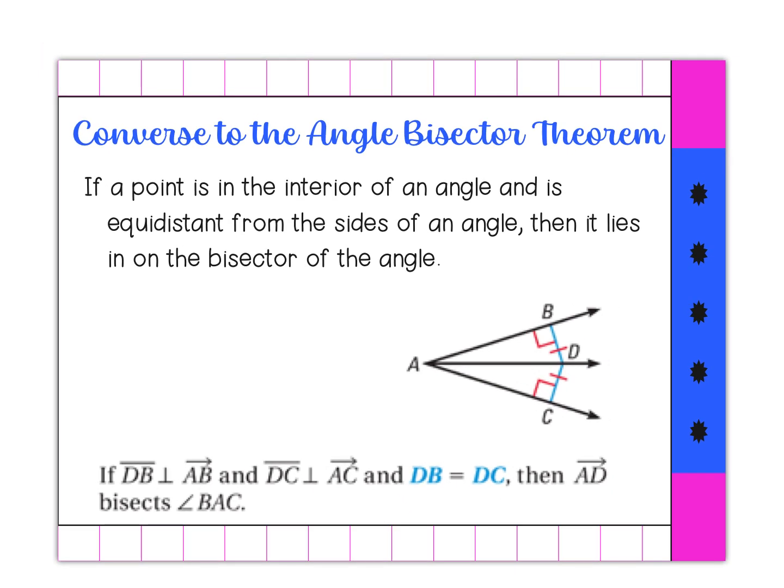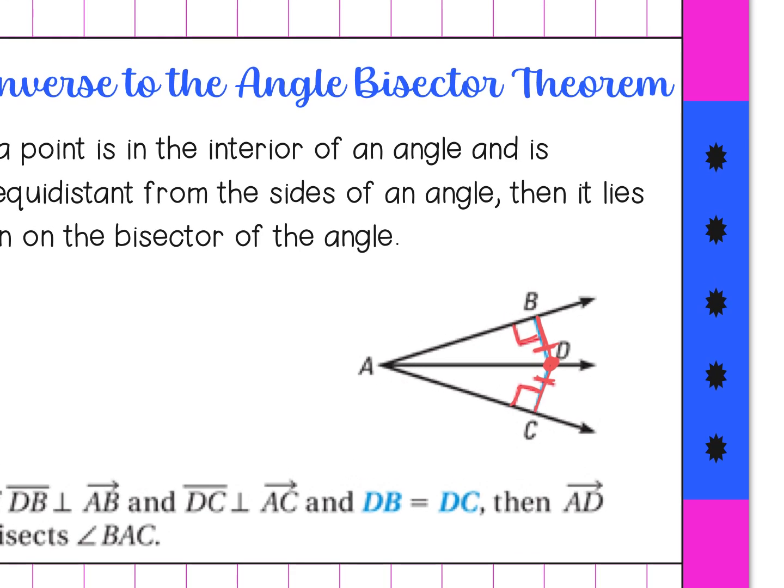The converse is going to tell me the same thing. It's going to tell me in reverse. The converse is going to say if I happen to have a point on a ray and that point is equidistant from the sides, notice that DB is congruent with DC, then that point must lie on the angle bisector.